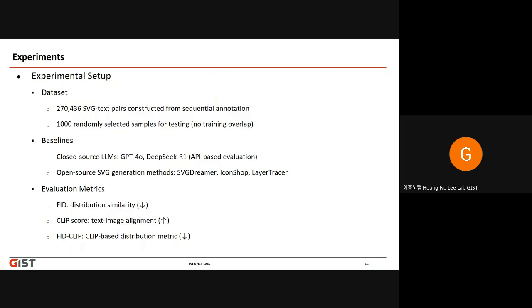They compared the model with closed-source LLMs like GPT-4 or DeepSeek R1 and other open-source SVG generation methods such as SVG Dreamer, Icon Shop, and Layer Tracer. As evaluation metrics, they used FID, CLIP score, and FID CLIP.